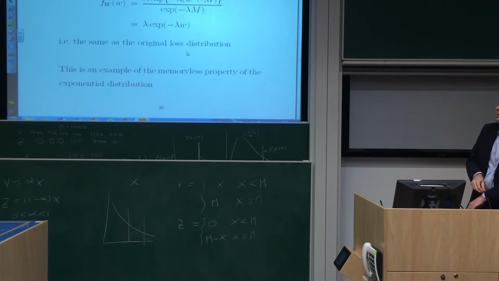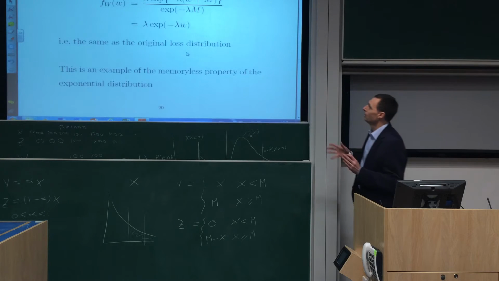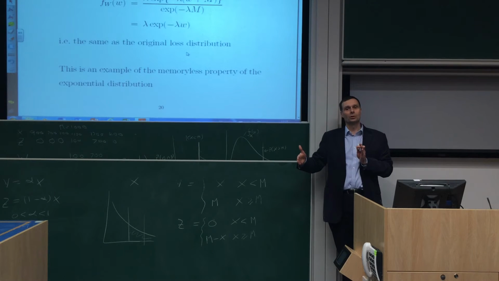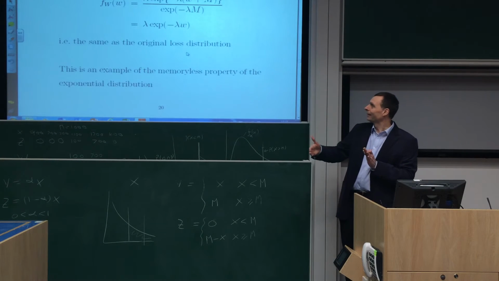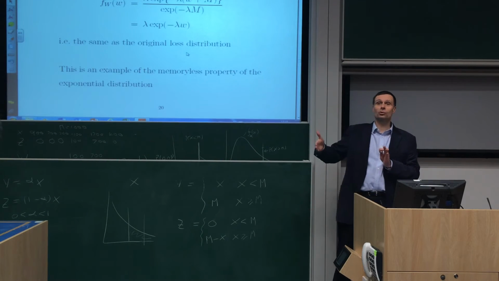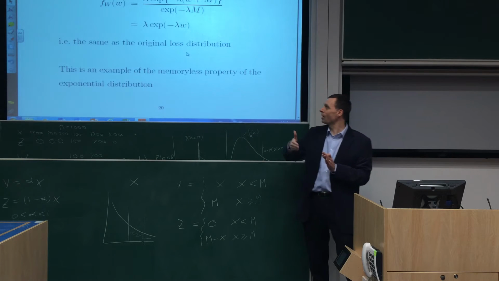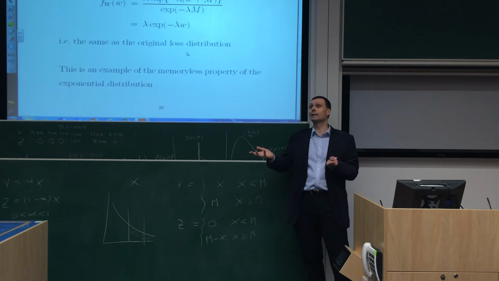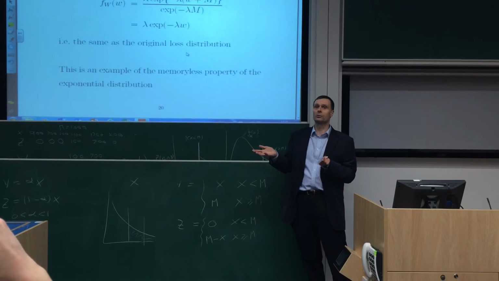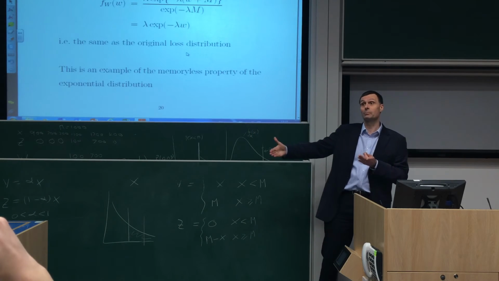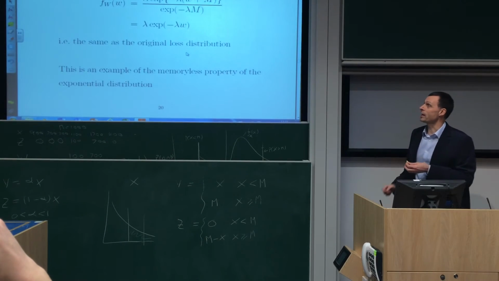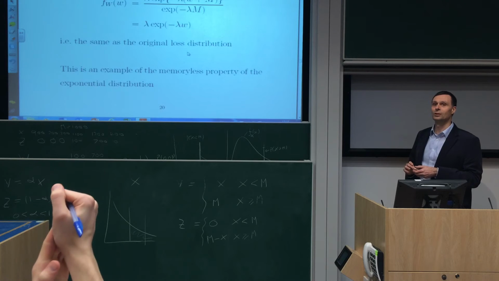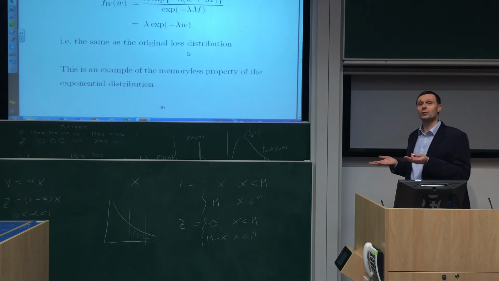And so this is called the memoryless property of the exponential distribution. We'll see in the next section that exponentials are sometimes used for waiting times, but if you think exponential distributions model waiting times, it's rather disappointing, because it means if you've waited for an hour, you're no more likely to be served than if you had just turned up, because the distribution of waiting times is the same. So if you do hitchhiking and you believe that it's a memoryless process, if you've stood there in the cold for 2 hours, you're no more likely to get a lift than when you turned up.